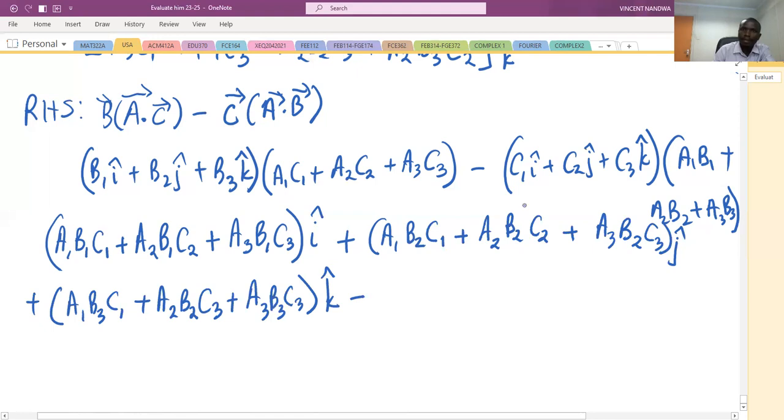Minus, so this we are multiplying by every term here. So we'll have A1 B1 C1 and then plus this by this one here, I have A2 B2 C1 plus this by this, I'll have A3 B3 C1.